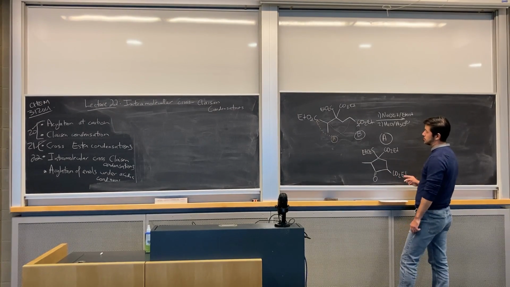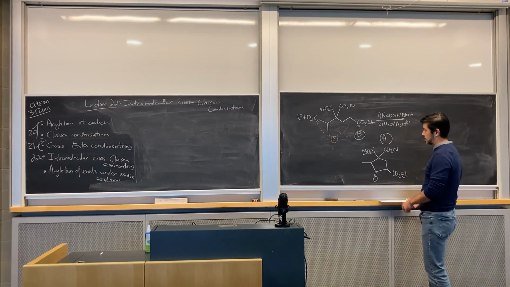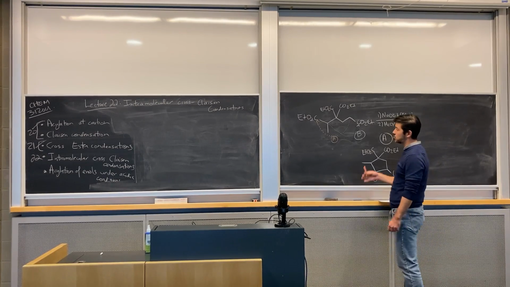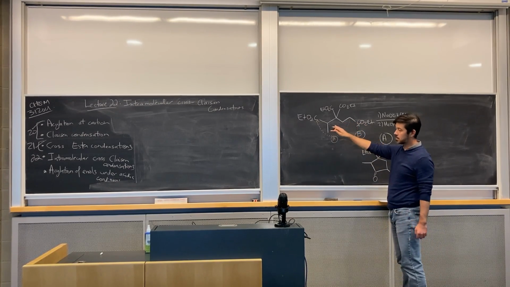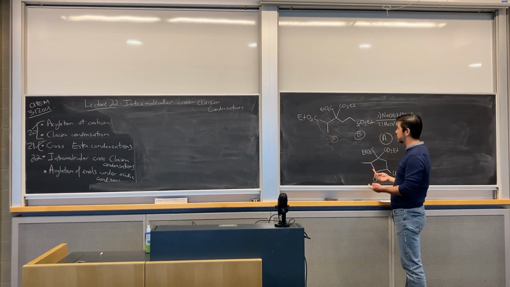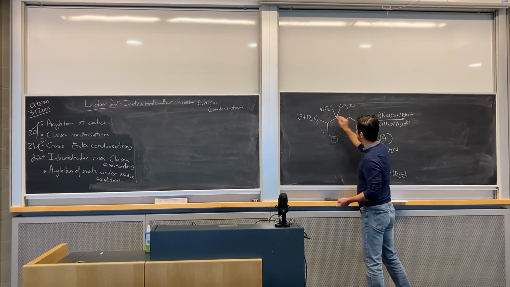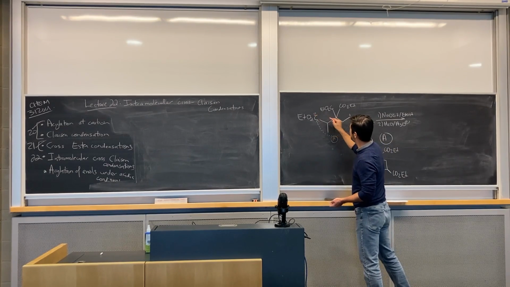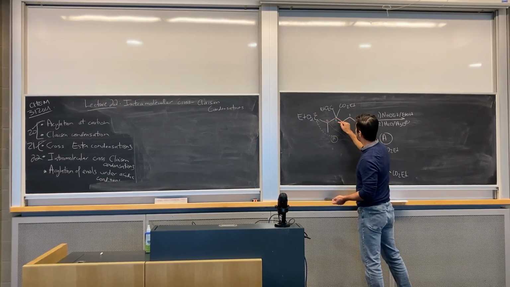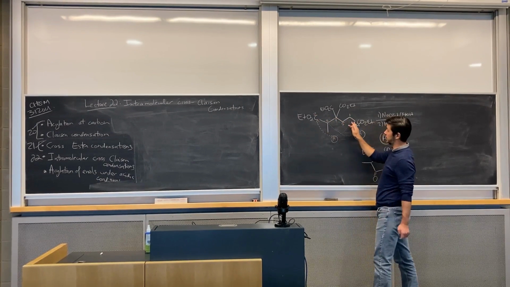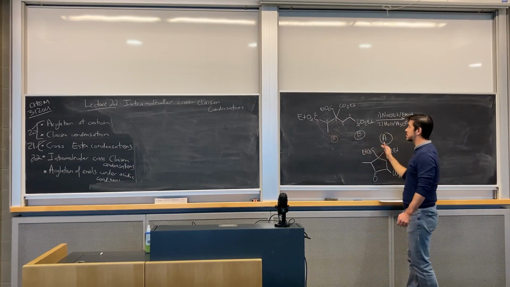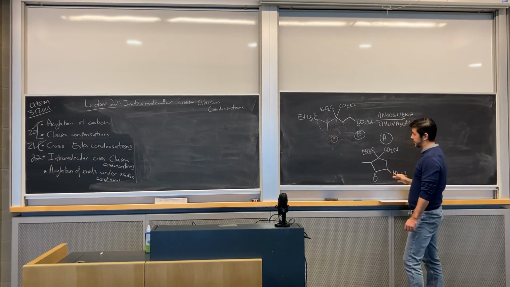If you have trouble with the rings, what I suggest you do is you actually number them on the structure here. So why don't we do that? Since we're calling this 1, let's call this 1, 2, 3, 4, 5. That's our 5-membered ring. If you do that, it's easier to follow where your carbons are.